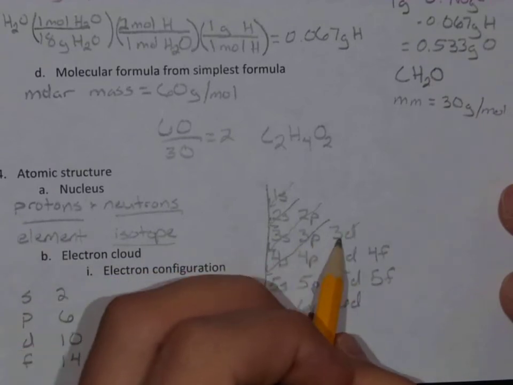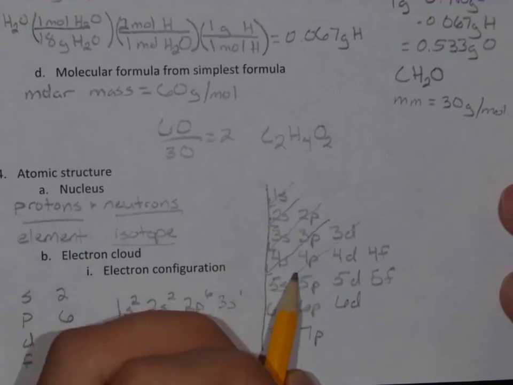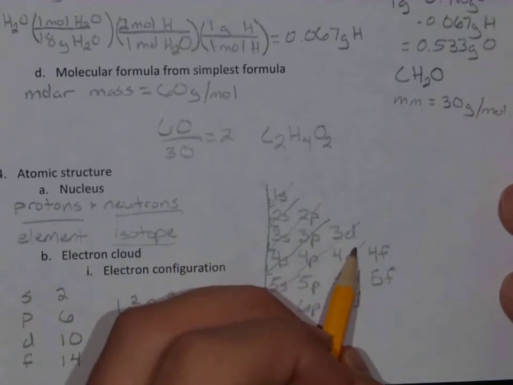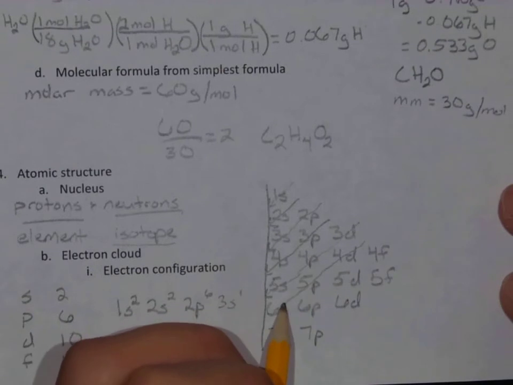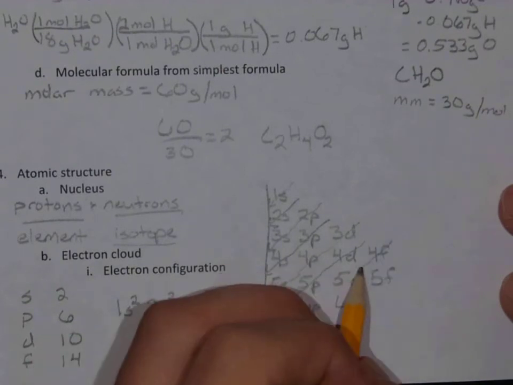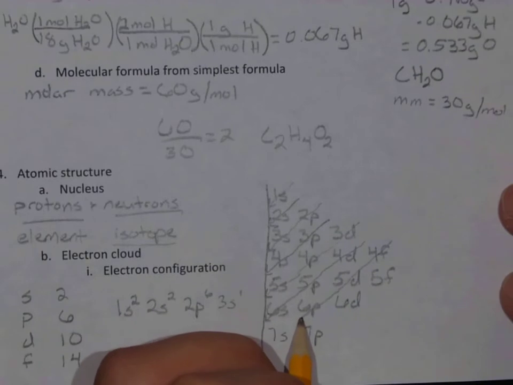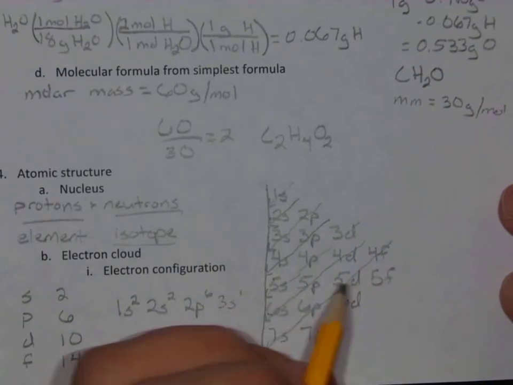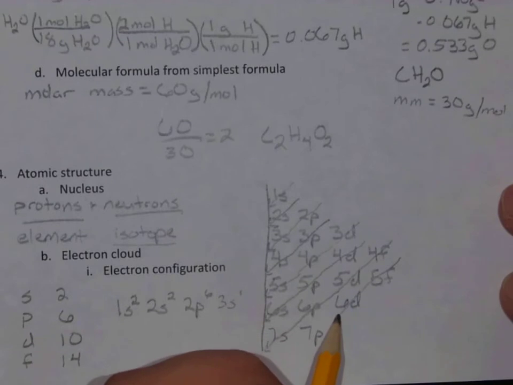Then we would go back to our 3d, the 4p, and then the 5s. And then the 4d, the 5p, the 6s, and then we go 4f, 5d, 6p, 7s, and then our last section here, 5f, 6d, 7p, and we really end there. That's as many as we've been able to see.